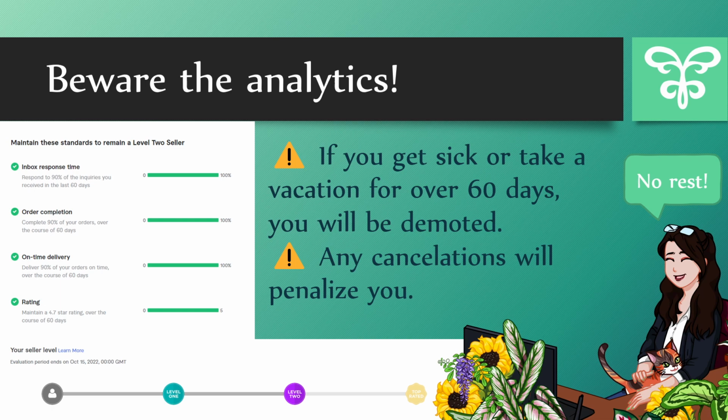I couldn't work on Fiverr for 2 months. And because I wasn't getting any new ratings, they were considering it as 0. So I got a notification that, oh, you're gonna be demoted, just because you're not at 5 stars anymore, even though I was, because I didn't get any bad reviews. So just have that in mind.